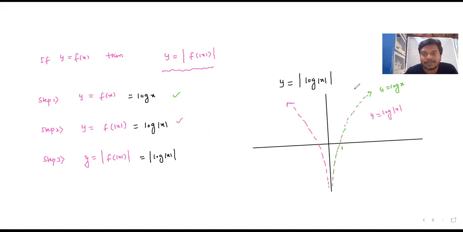So now this portion is as it is, but the negative portion I am neglecting and making into positive. This negative portion is made positive. This blue colored graph represents the graph of y equal to modulus of log of mod x. Okay.